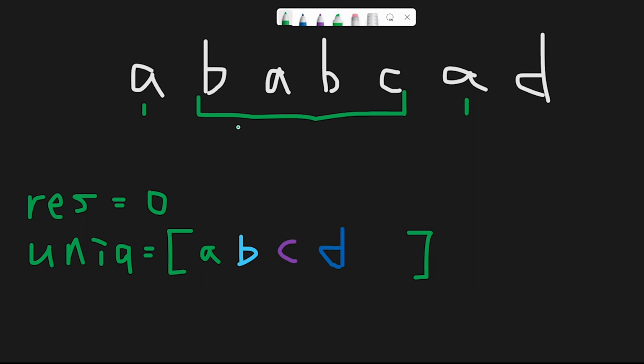So just make this area unique so that we can get the palindromic subsequences. To make this area unique, we use a set.